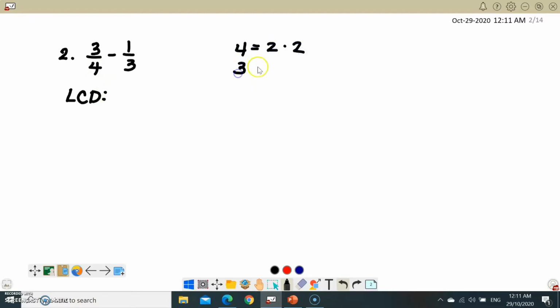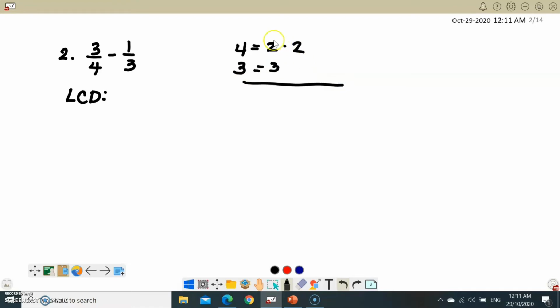Let's try subtraction. Number 2. We have here 3 over 4 minus 1/3. What is the least common denominator? Prime factorization of 4, that's 2 times 2. Prime factorization of 3, that is 3.